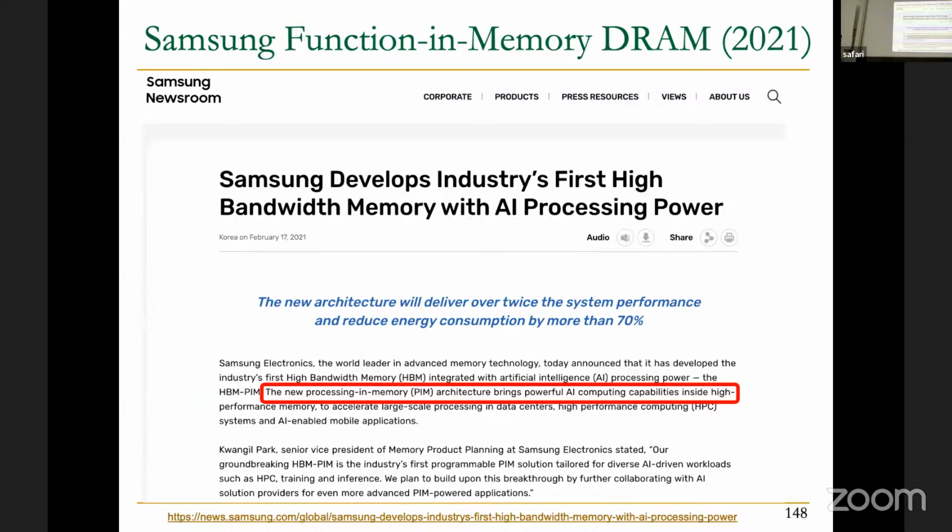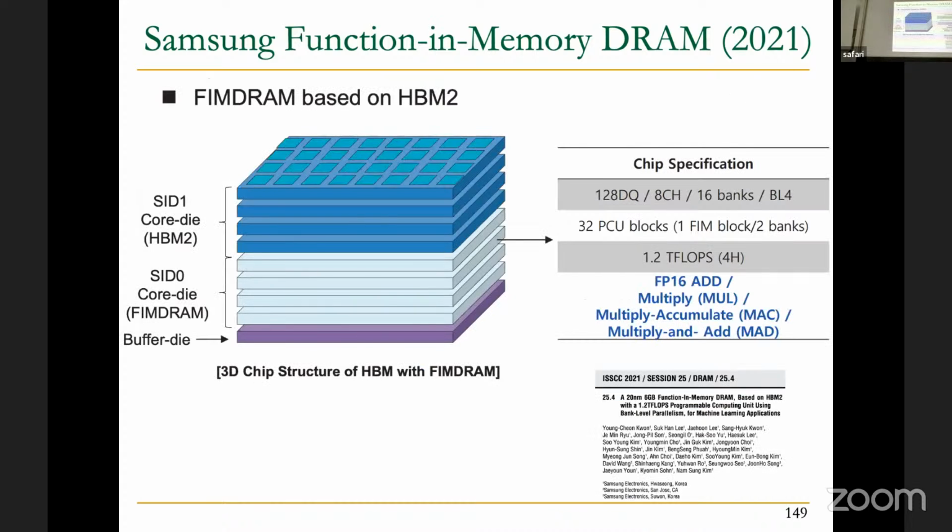Samsung in 2021 also released its own version of this type of architecture. Samsung initially called it FIMDRAM, but later it changed to HBM-PIM, and I think it changed again to Aquabolt later on. The implementation is a bit different from what I just mentioned for UPMEM.